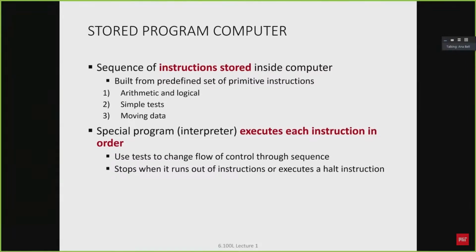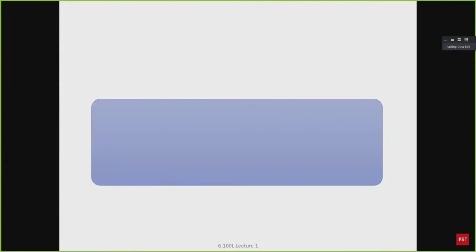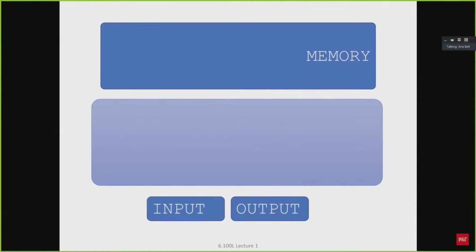The instructions were arithmetic and logical, so addition, subtraction, things like that, simple tests like checking for equality between two values, and moving data, so taking this value and putting it at a different memory location. This is not super accurate, but it gives you a sense of how things happen at a low level in the computer.